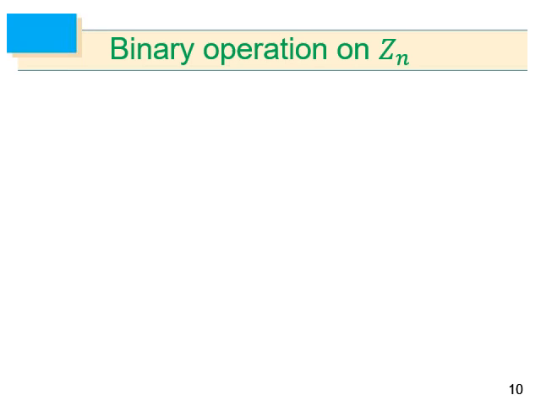An example of a binary operation on the set of integers is congruence modulo n.